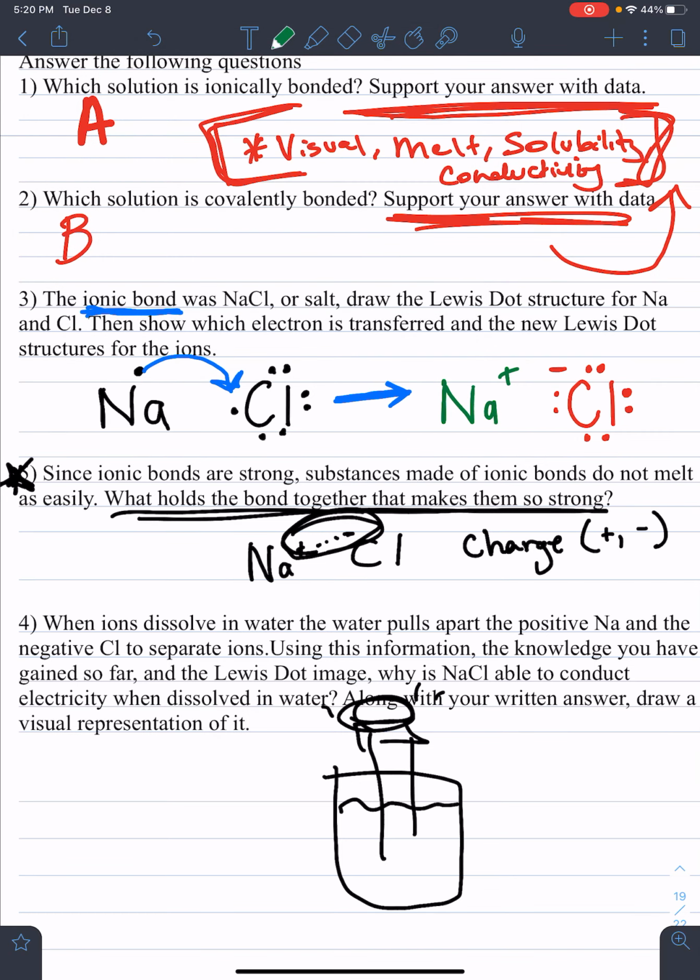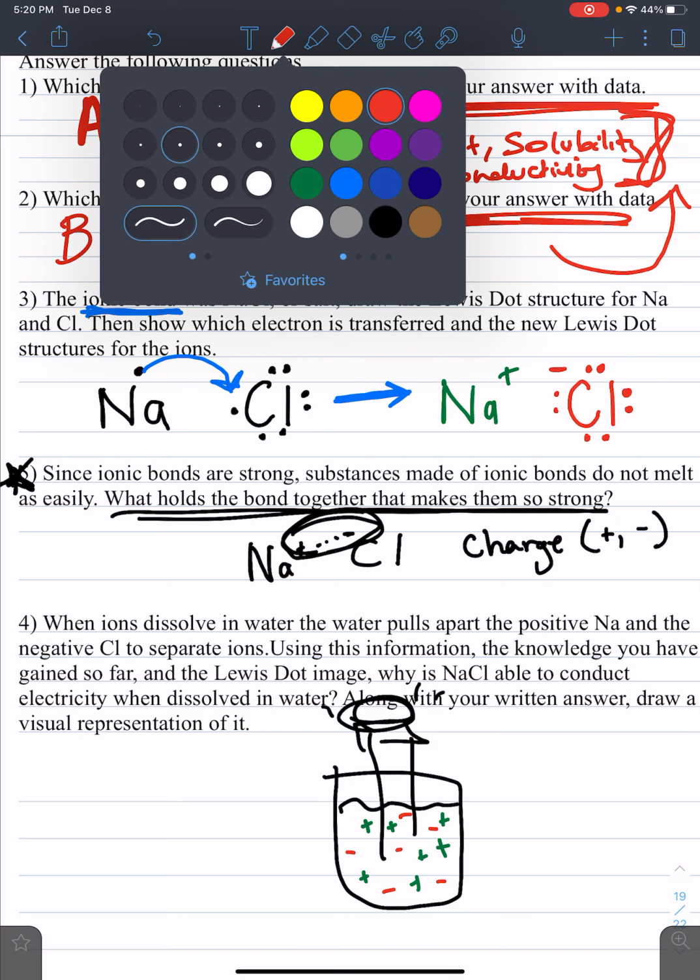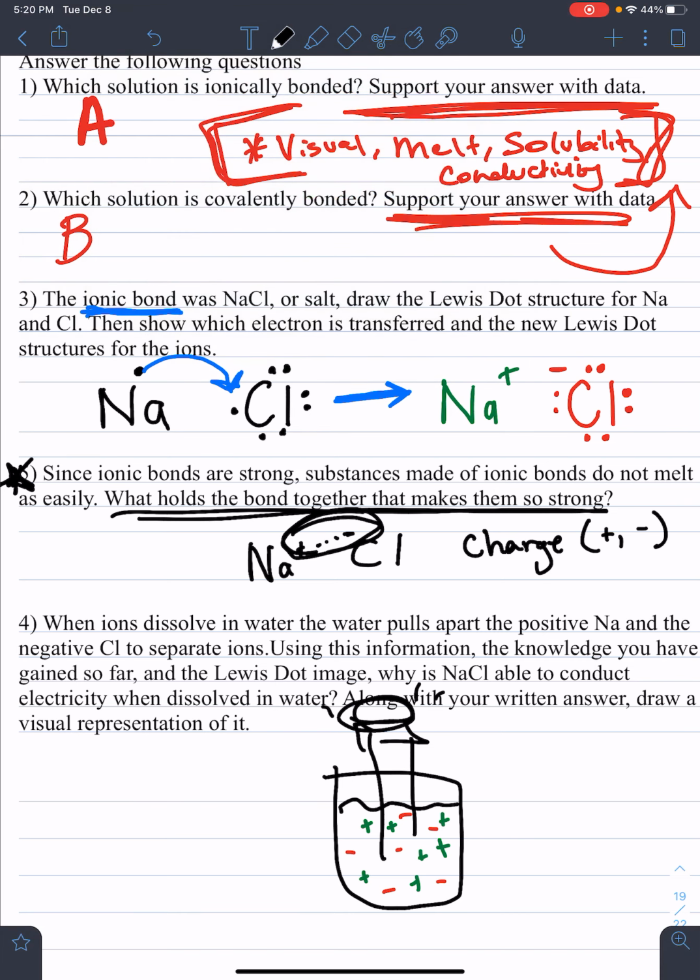So we had a bunch of positive Nas floating around, and we had a bunch of negative Cls also floating around in this water. And it was able to conduct electricity because of this positive and this negative. So they were able to carry the charge that was needed to each side of the light bulb and light it up.